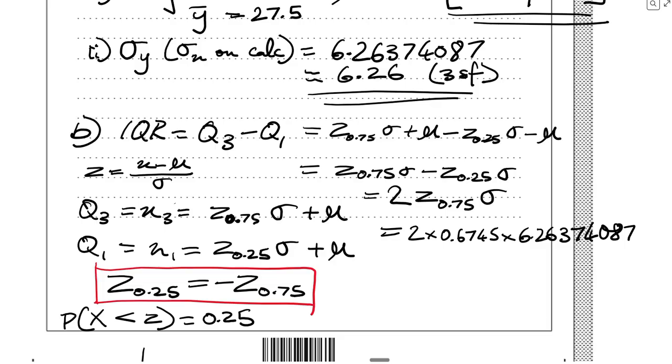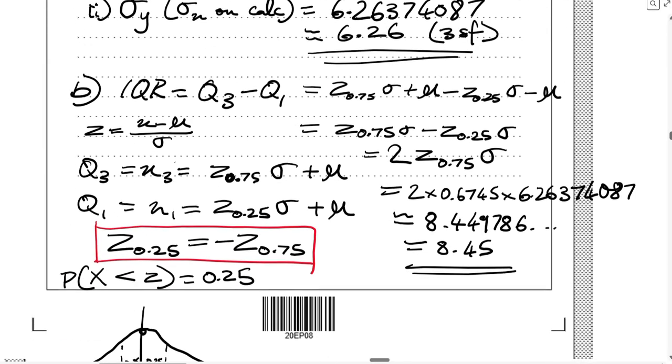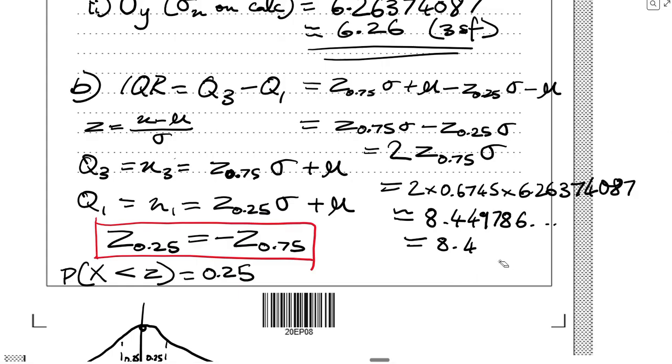And what I get is about 8.45 to 3 significant figures. Did they ask? Oh, two significant figures, so they want this to two significant figures. Then we keep it to 8.4, and that is perfect.